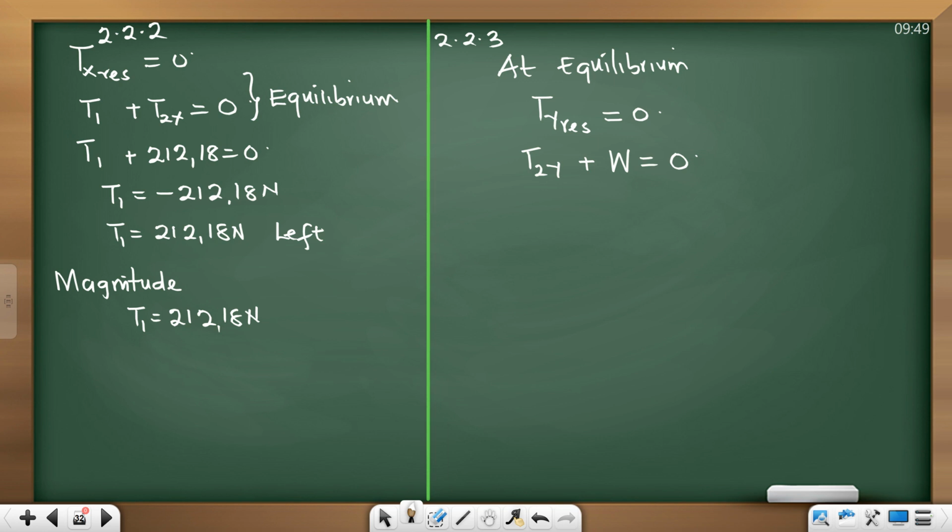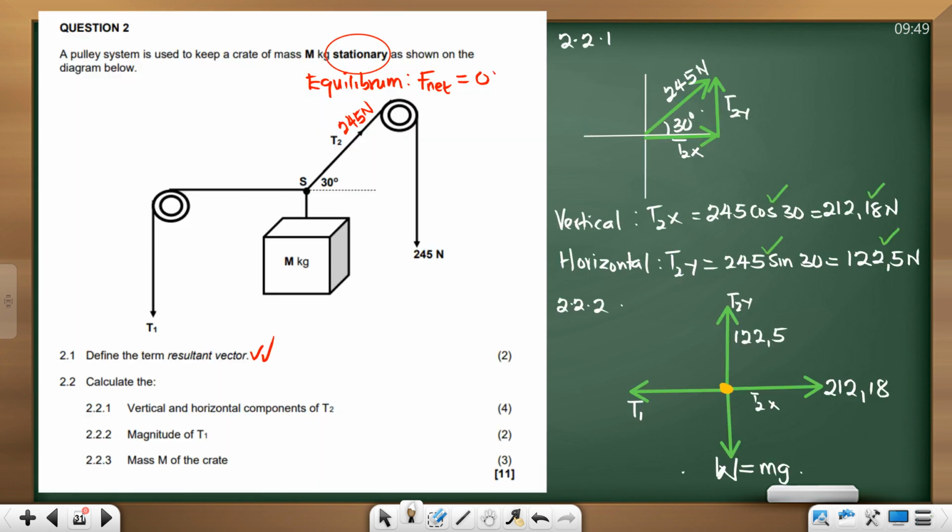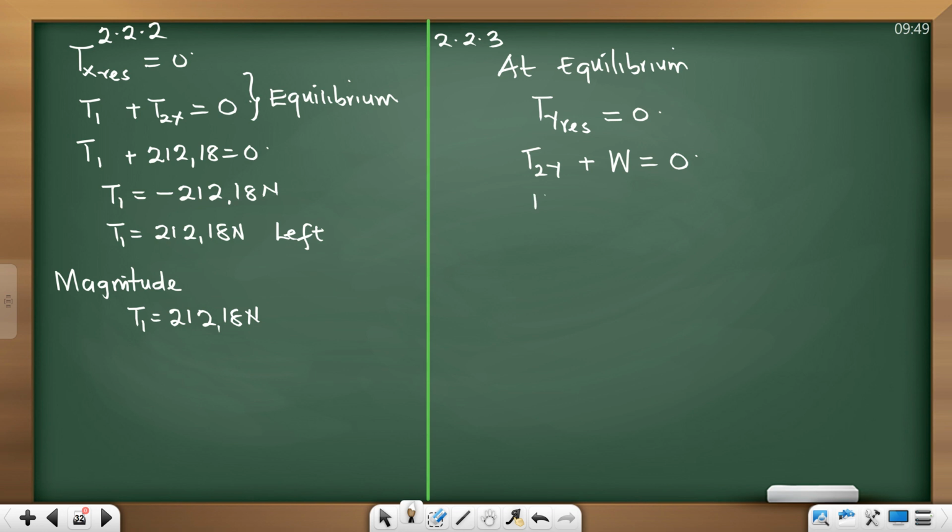What is our T2y? 122,5. You already see where I'm going, right? Plus W equals 0. So what's W? Negative 122,5. Remember, the negative only tells us the direction. But what is W? mg.